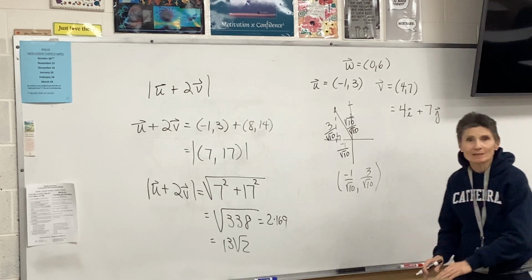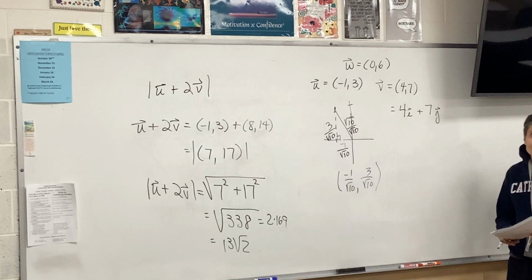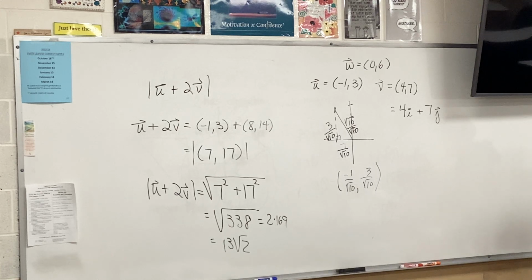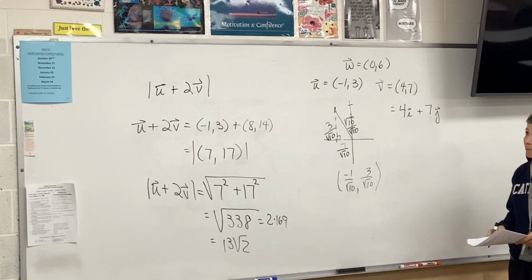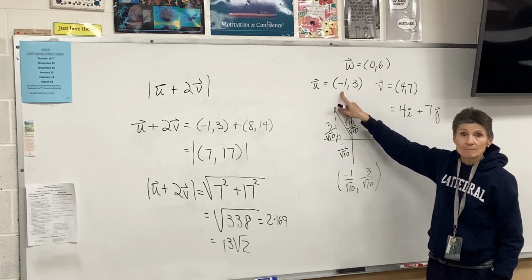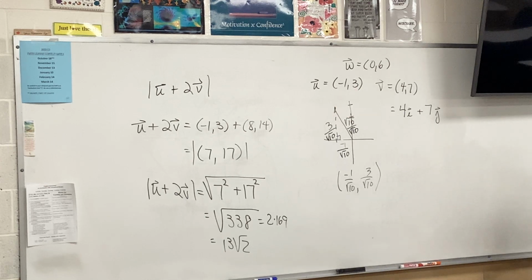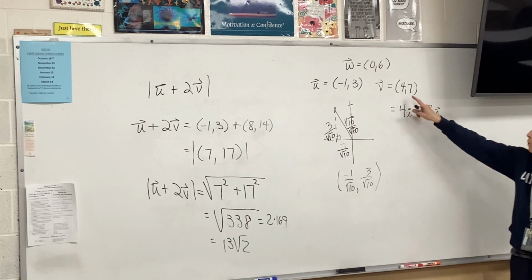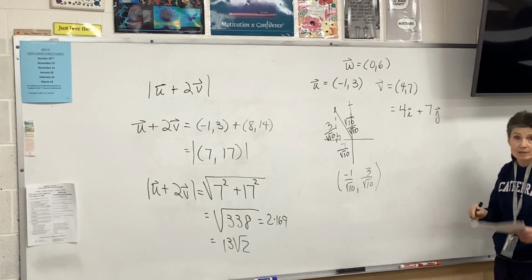That's all there is to it. So the problem sounds really, really hard. You can impress people when you say, I'm going to write this as a linear combination of i and j, but it's super simple. So u would be negative i plus 3j. i and j are simply horizontal and vertical units. So this is 4 horizontal units and 7 vertical units.